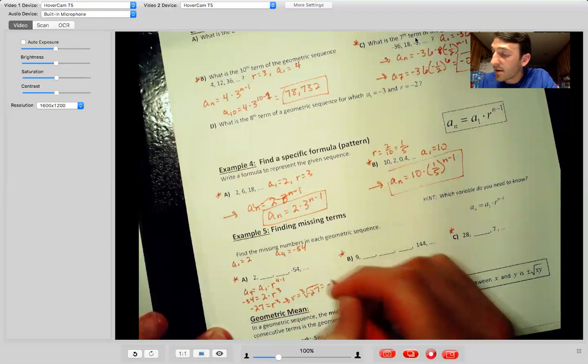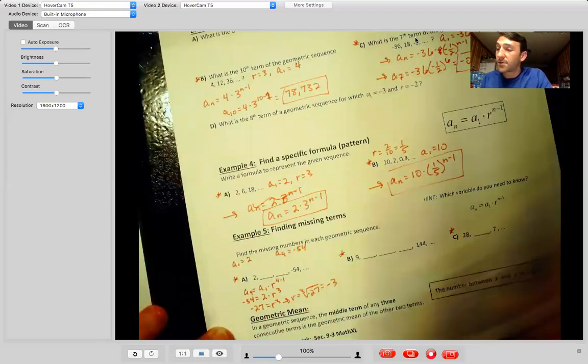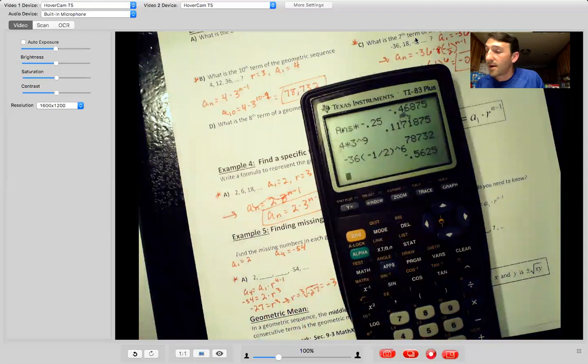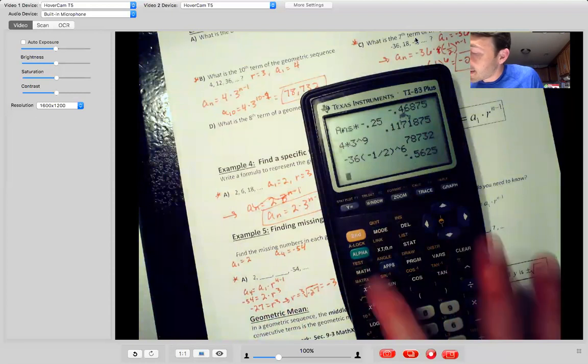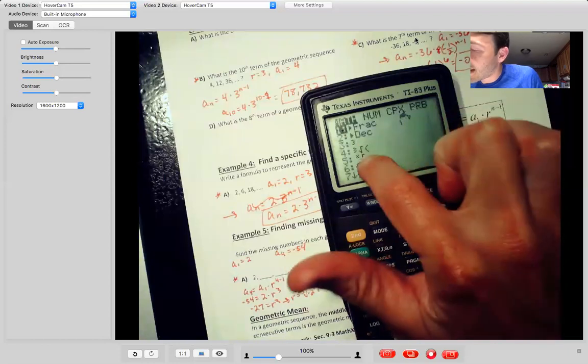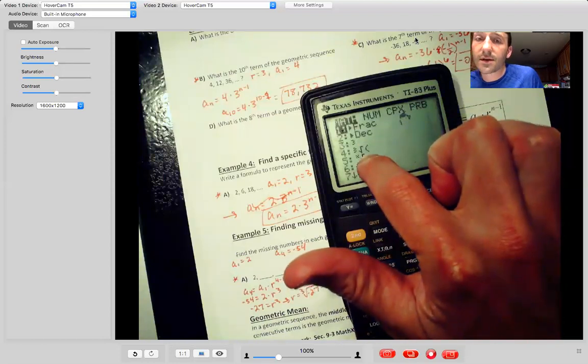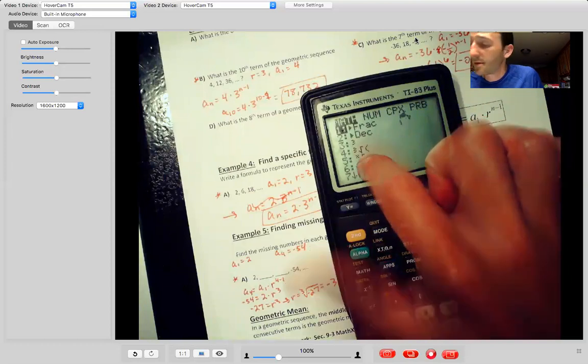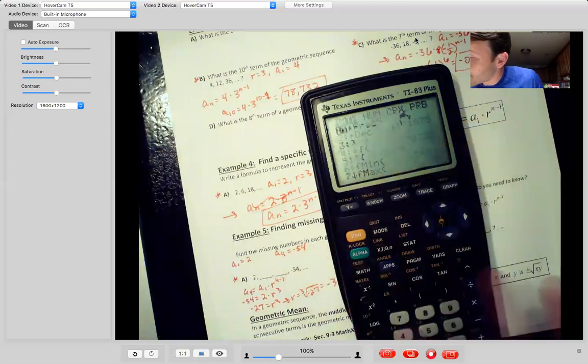I guess I can show as a reminder how to punch that in. Cube root or any root is going to be under your math function. If you hit math, there's cube root. Any higher root, you'd use the x root function, where you type the root in first. Anyways, cube root of negative 27 is negative 3.